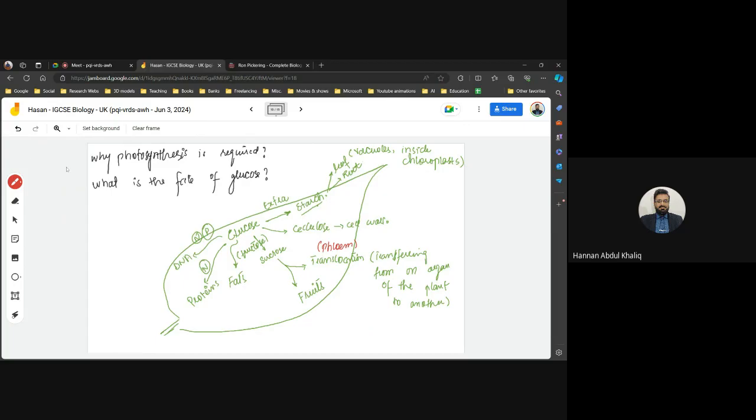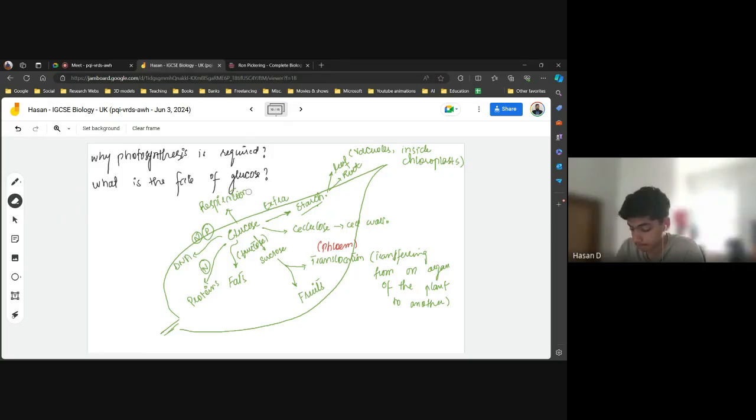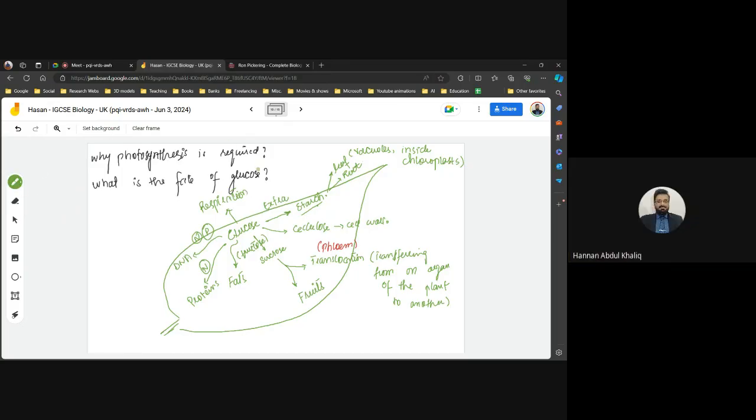Yes, one more thing. Sorry, I forgot that. That was a very crucial point I was about to forget, and that is glucose is always used in respiration. Another very important point. Basically, have you written this arrow?